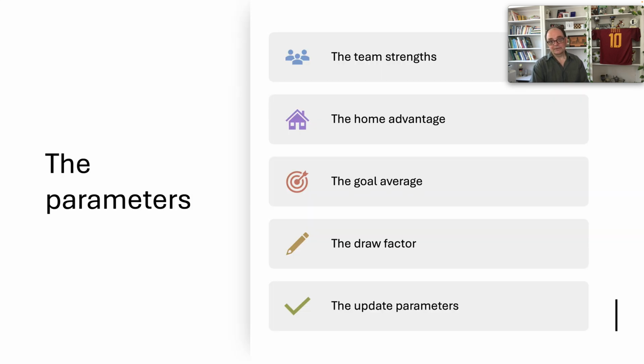The parameters are divided into the team strengths. This maybe sounds a bit vague: what is a team strength, and how do you measure it? Then there is the home advantage, the goal average, the draw factor, and the update parameters. So we have to keep a couple of parameters.